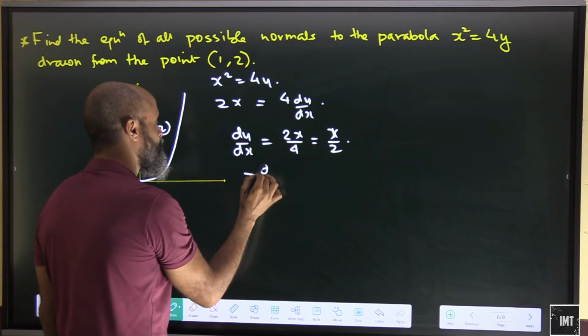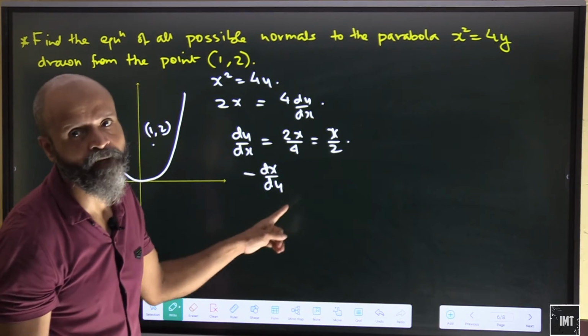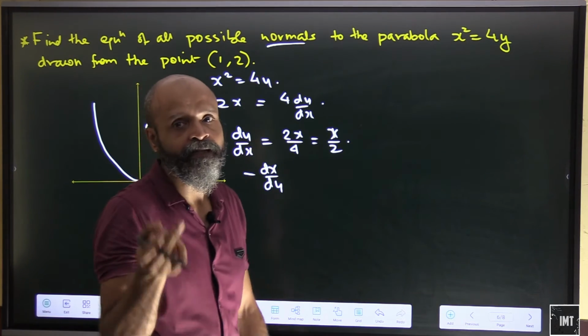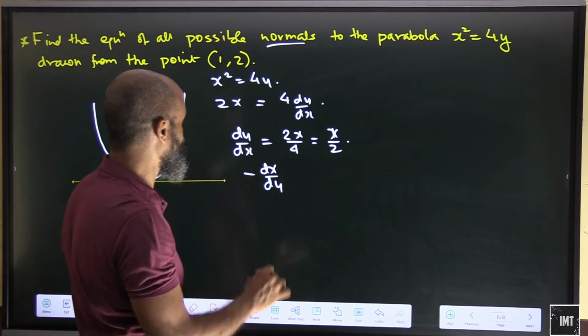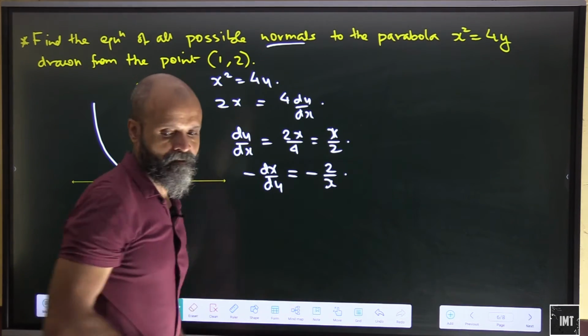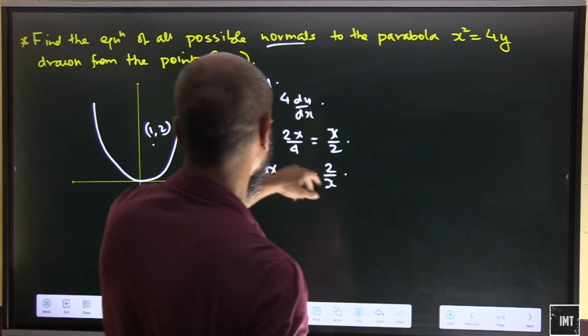So what will be minus dx by dy? Remember why we are doing this? Because we are trying to find out the slope of the normal here, and the slope of the normal will always be the negative reciprocal of the slope of the tangent. So here we have minus dx by dy is equal to minus 2 by x.